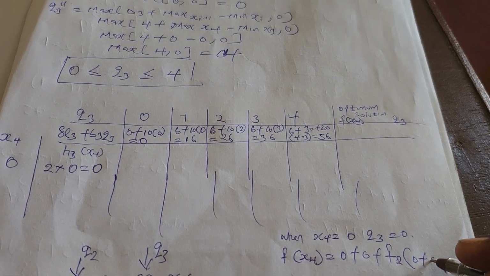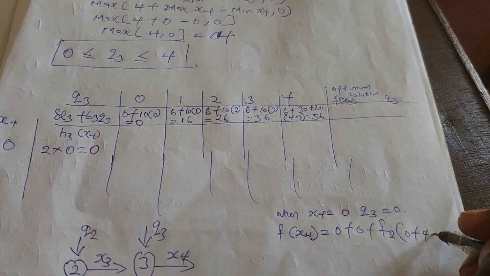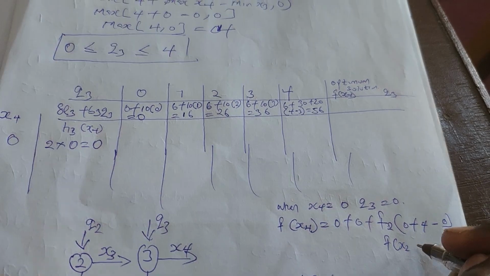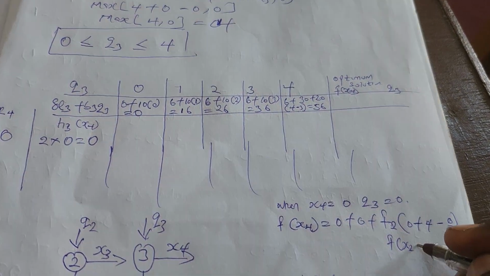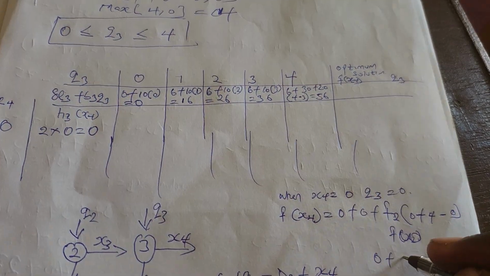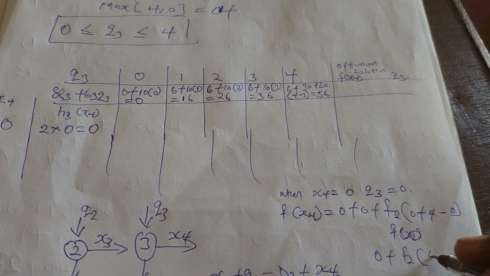That will be 4 minus my Q, which is 0. f2 of 0 plus, that's 4, right?